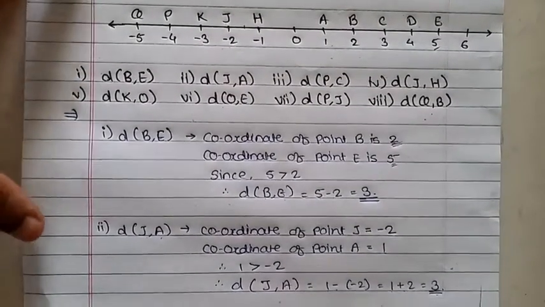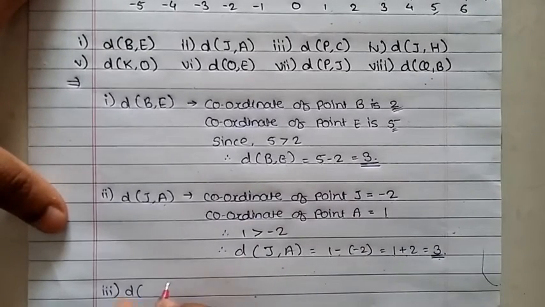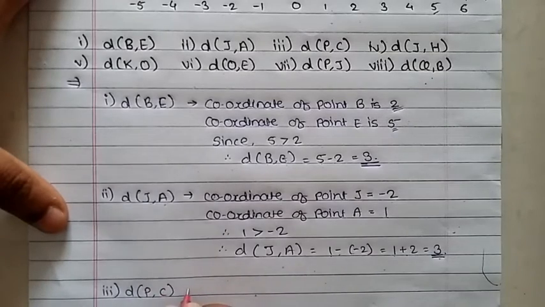Next is the third number, that is D of P comma C. Similarly calculate here.